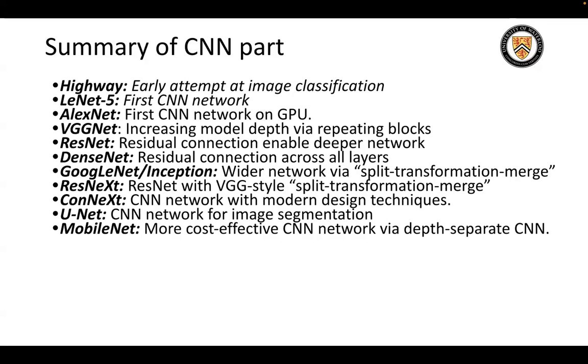GoogleNet Inception introduced a wider network via split-transform-merge. ResNeXt introduced ResNet with VGG-style split-transform-merge, and ConvNeXt introduces a CNN network with modern design techniques. UNet introduces a CNN network for image segmentation. Finally, MobileNet introduced a more cost-effective CNN network via depthwise separable CNN.